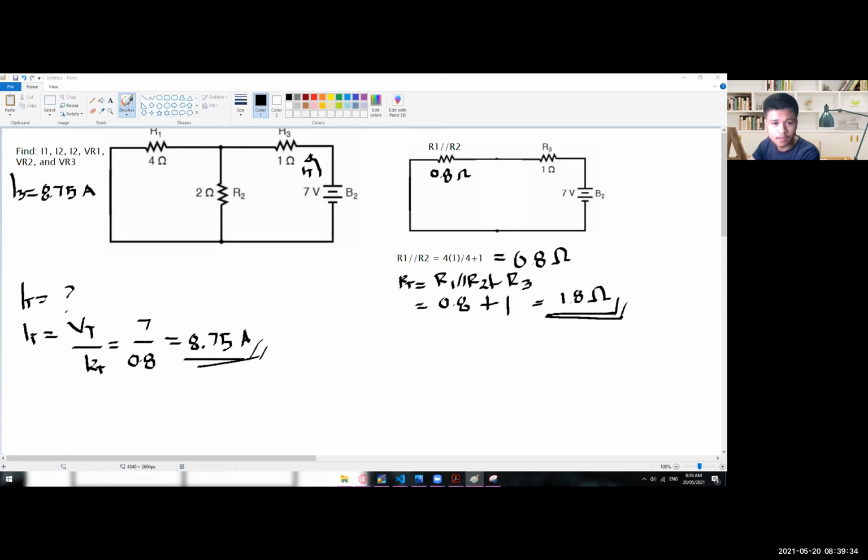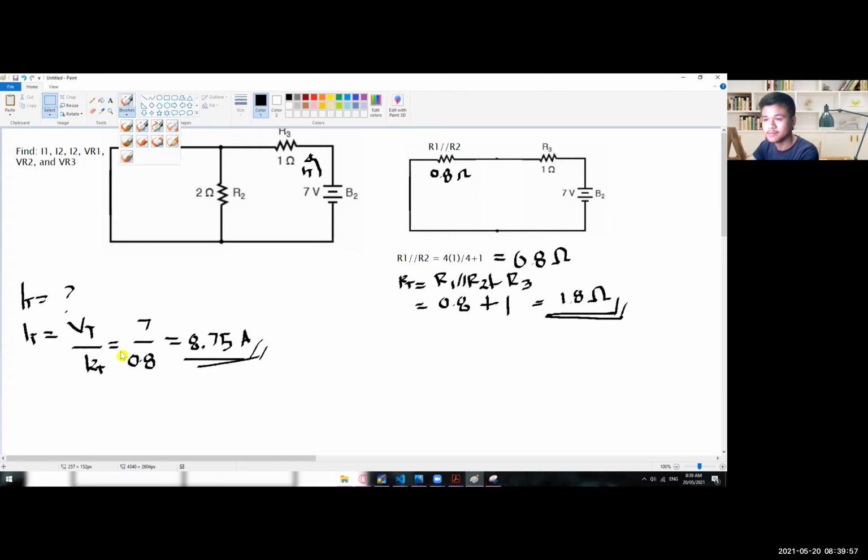All right. So very good, Mr. Agustin. Why did I only write here 0.8? Because what we write here is 1.8, not 0.8. So thank you for that one. So this one is not 8.75. Okay. Very good.